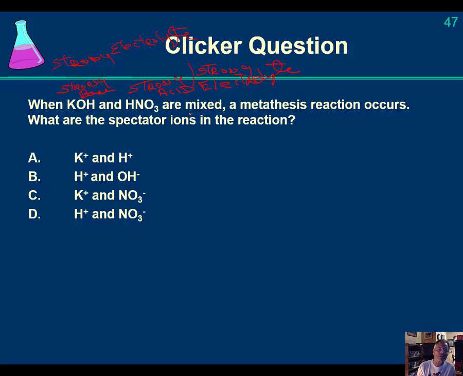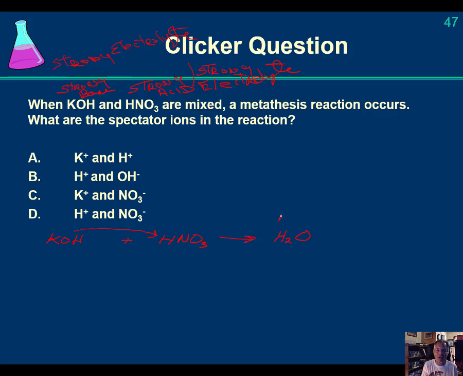Okay, so let's go ahead and do this entire reaction. So I've got KOH plus HNO3, nitric acid, and this is going to be a metathesis. The hydroxide is going to get together with the hydrogen ion, form our driving force, which is the non-electrolyte.